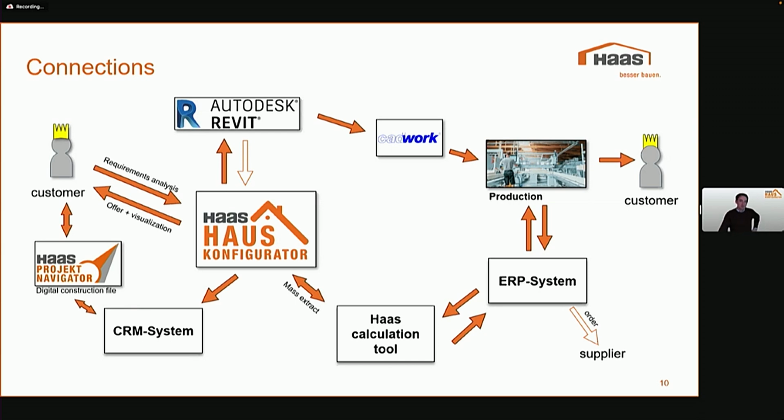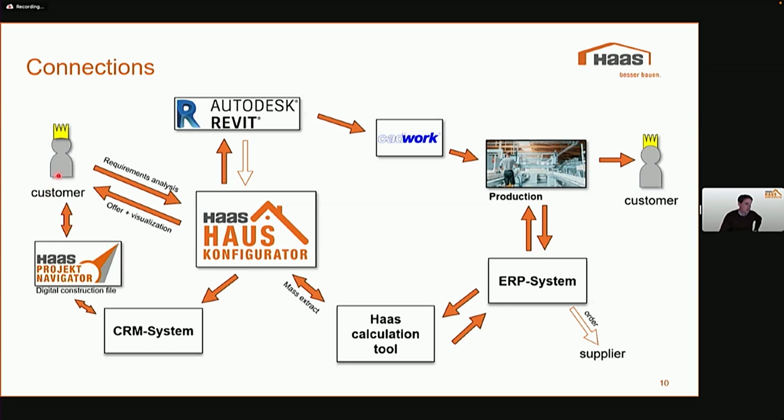If our customer signs a contract with us, they will also get access to the Haas project navigator. This is our digital construction file to hand over information between the client and us. And it can also be done in both directions.